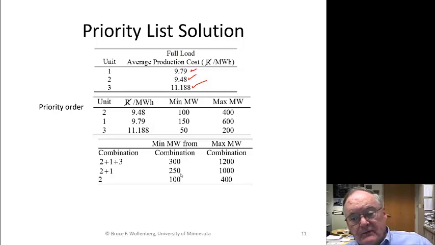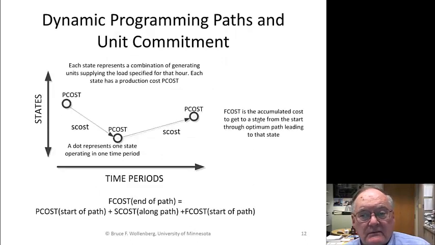Then from there we're going to go with unit 1 and unit 2, so we can go up to 1,000, and then units 1, 2, and 3 to get up to 1,200. Then that's the priority list scheme. It can be done on a spreadsheet. You can just build a spreadsheet and order them and tell your people, you just look at the numbers here and follow it.